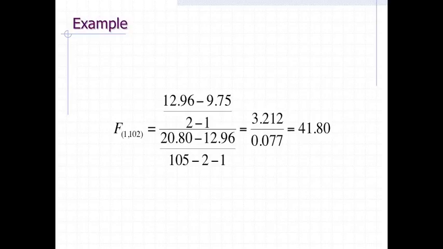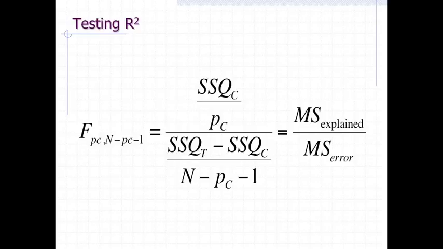Clearly, a variable with a regression coefficient of 0 would explain no variance. This formula can be used to test the significance of r squared by defining the reduced model as having no predictor variables. In this application, sum of squares reduced and the number of predictors in the reduced model both equal 0. The formula is then simplified as shown.